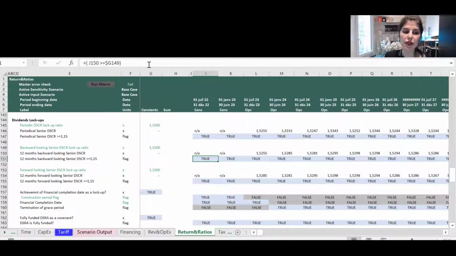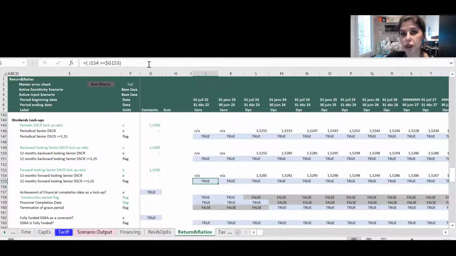The second one is the backward looking, okay? So I already calculated the backward looking in my model, and I just create a flag here to make sure that the backward looking debt service cover ratios, 12 months backward looking, is greater than the condition that the lenders impose. In this condition, it was 1.15.